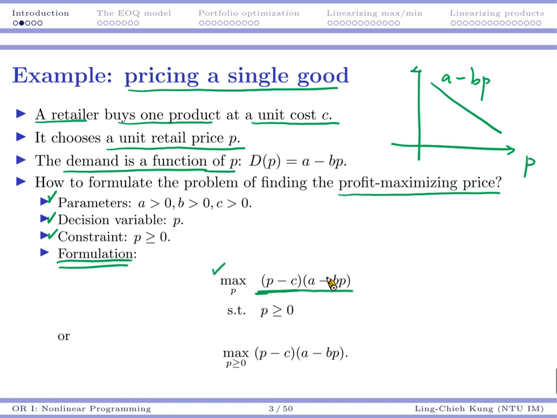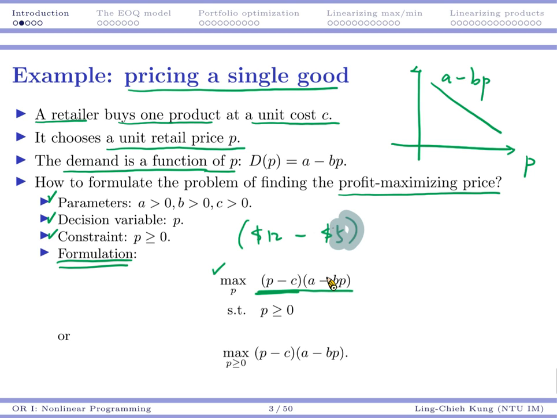P minus C is our sales margin. Okay? When I sell one product, I may earn P minus C dollars. For example, if I set my price to be 12 per unit, but if my cost is $5 per unit, then if I may sell one unit, I'm going to earn $7. If I can sell two units, I'm going to earn 7 times 2, $14.